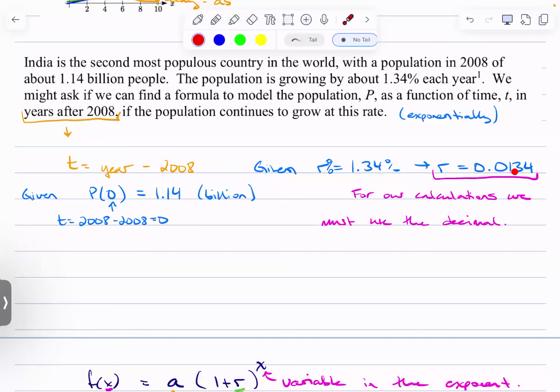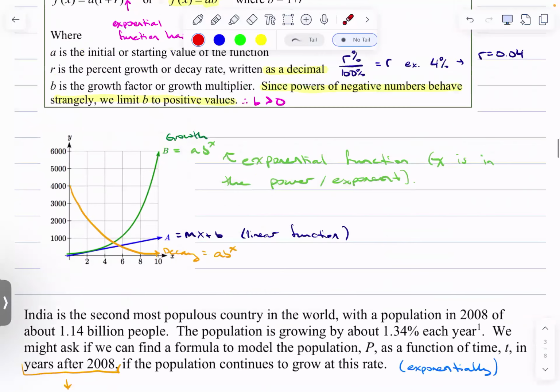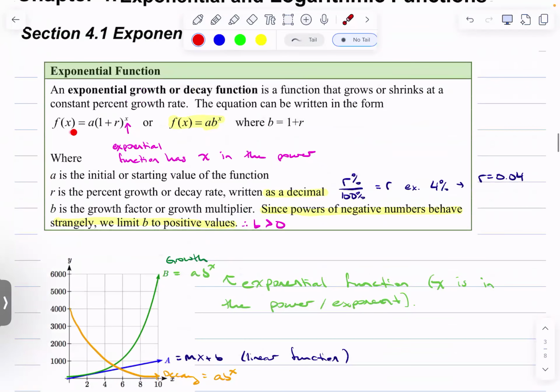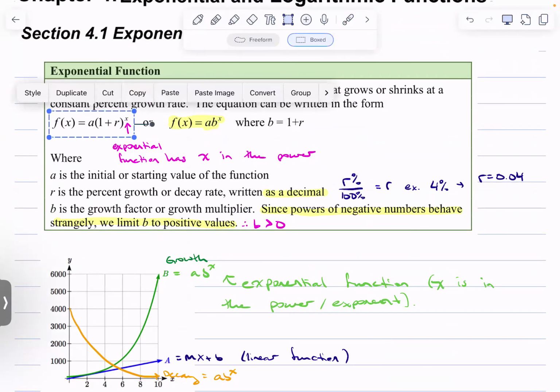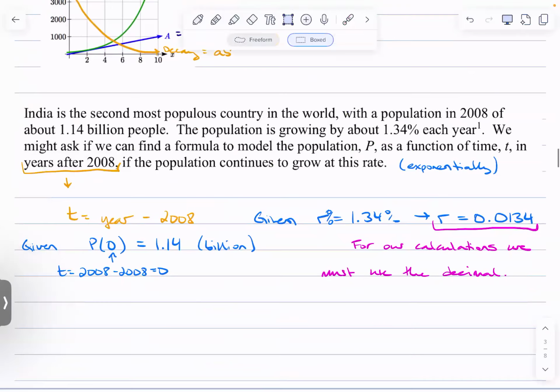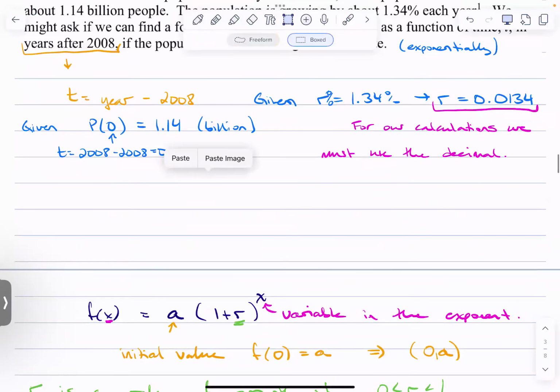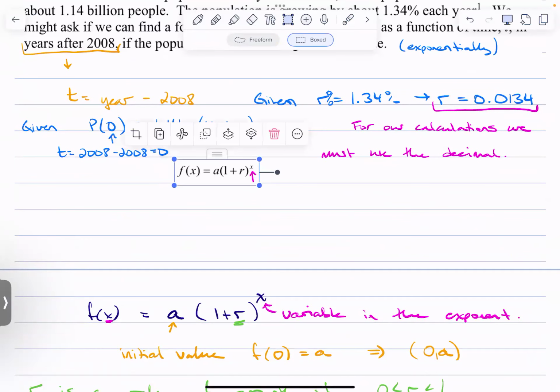Since I have a rate, that's when I'm more tempted to use this version of the formula, because I have an R explicitly. So I can use this little guy here, copy, to build my formula.